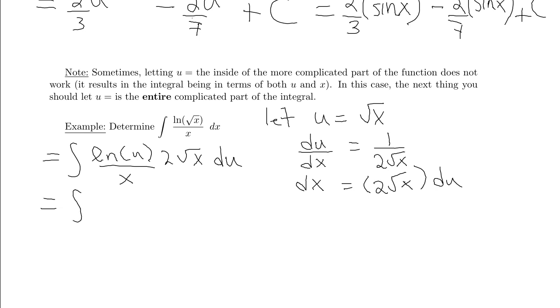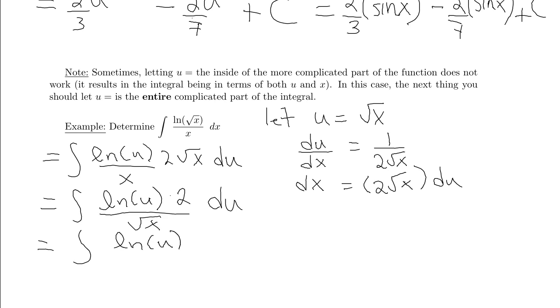I end up with the integral of ln u times 2 divided by root x du. This is not that big of a problem because we can rewrite this as ln of u over u times 2 du, right? Because we know that root x is actually equal to u.